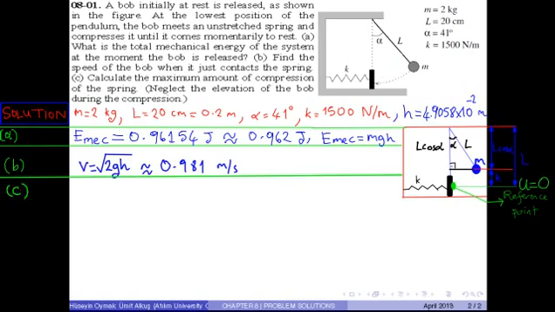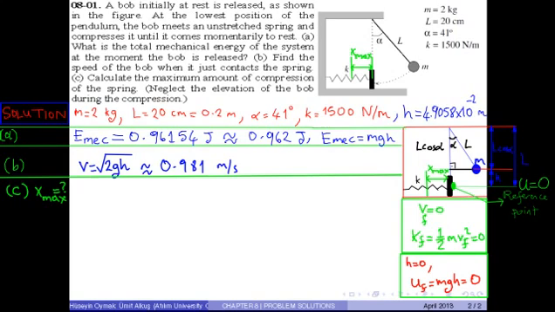Very good. It is time to solve part C. When the spring comes momentarily to rest, it assumes its maximum compression state. If we neglect the elevation of the bob, the gravitational potential energy of the system again is 0. Since all the system is at rest, then the kinetic energy of the system is again 0. Then we have only spring energy, that is 1/2 k times x squared.